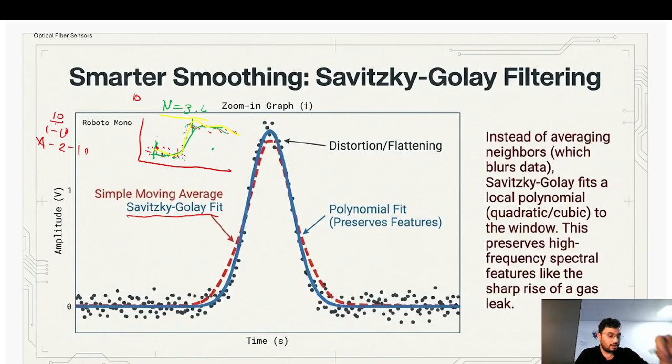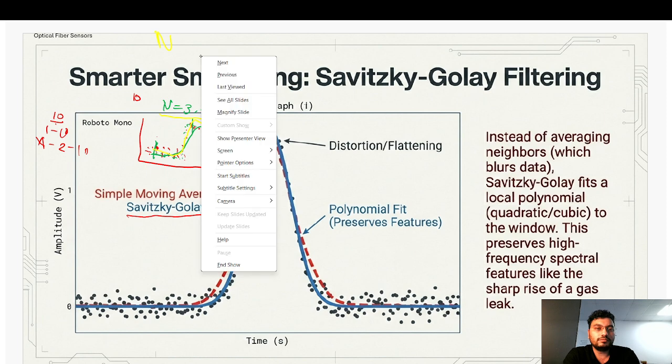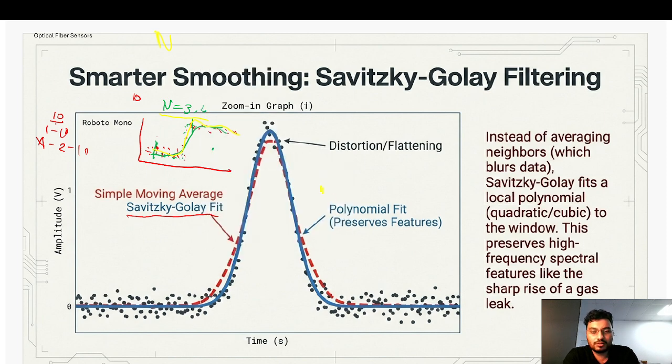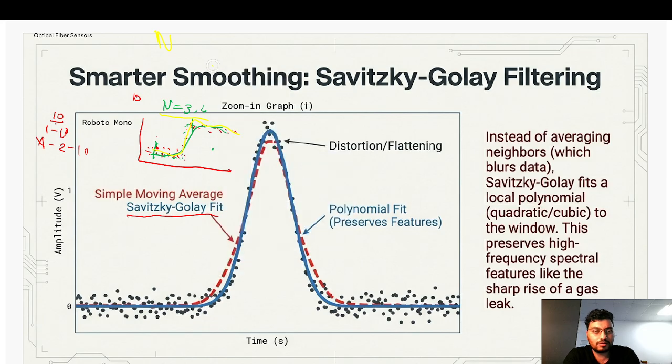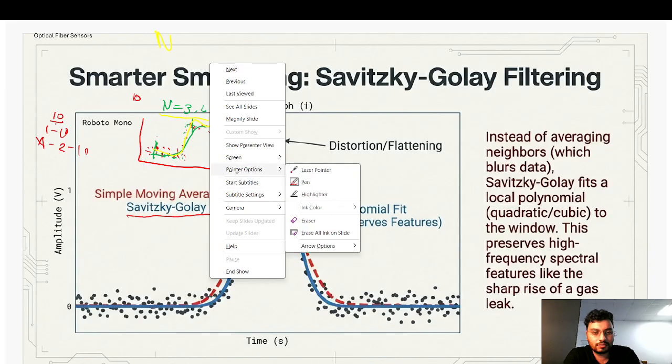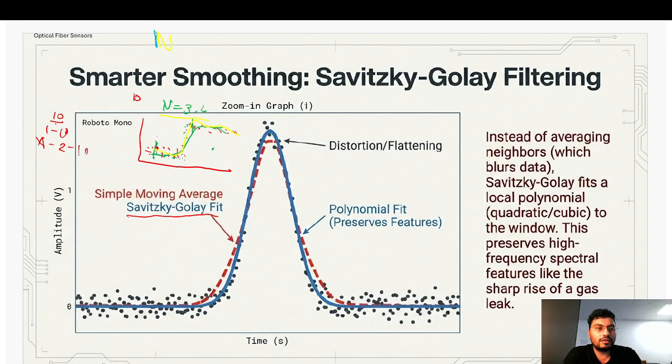But there are also some issues. If you are doing this, you will not get high SNR. So the factor n, if you are decreasing it to 3 or 4, then SNR also will not improve much.